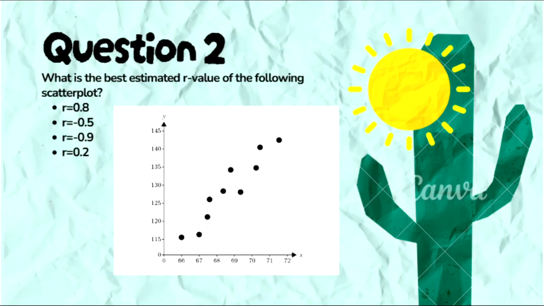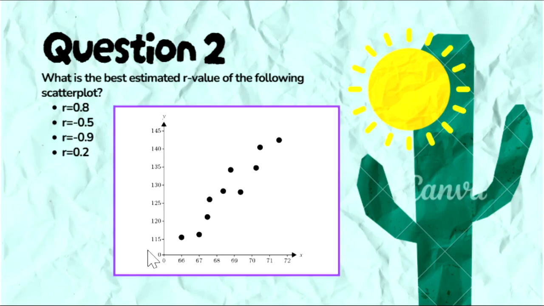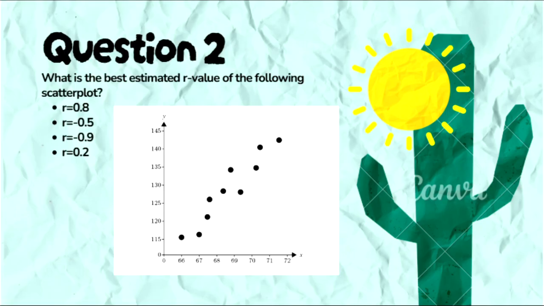Here's question number 2. What is the best estimated R value of the following scatter plot? This is what the questions are like at the end of the test. Okay, so take a minute and look at this and figure it out. Which one of these R values is going to be the most accurate? First thing we know is it's a positive slope, so a couple of these are going to be gone already. It can't be negative 0.5 and it can't be negative 0.9 because we have a positive slope.